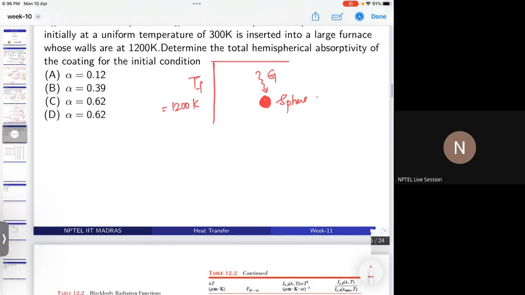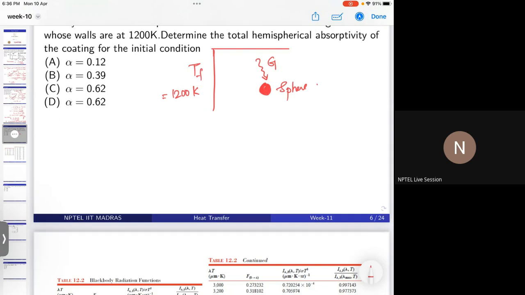Okay, so what is the absorptivity? It is the integral from 0 to infinity of alpha lambda G lambda incident d lambda, divided by the integral from 0 to infinity of G lambda d lambda.